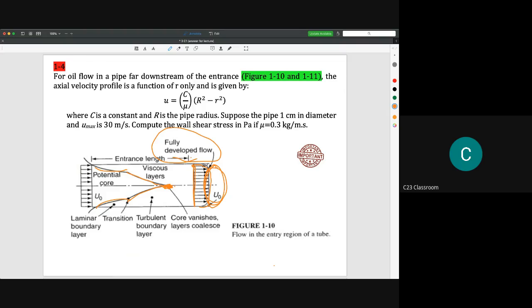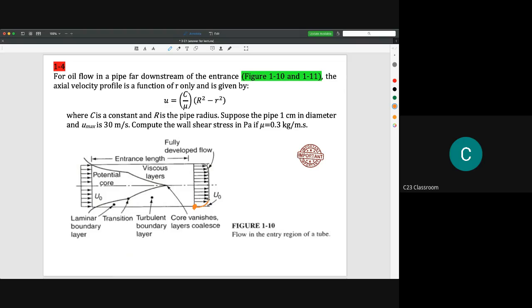If you want to draw the velocity distribution, it is okay to draw something like this, because we assume this is the no slip condition. The velocity is 0, then the velocity increases and the maximum velocity occurs at the center point. However, this occurs when your pipe diameter is large. At the no slip condition here, the velocity is 0, and then the next molecules' velocity comes a little bit faster, and so on.